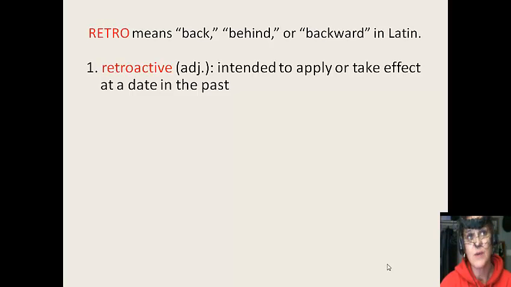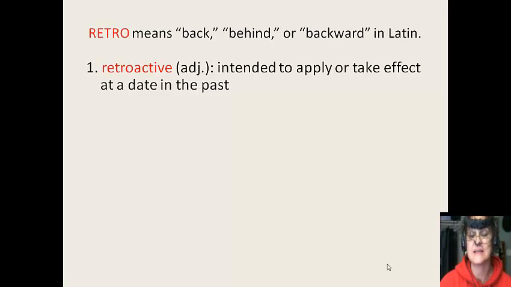So if your boss says to you, you're going to get a pay raise, and it's retroactive to January 1st, and say it's March 30th, that would be 3 months before, right? January, February, March. So that's a good thing, because you're going to get paid for those days retroactively back to January 1st. So you're going to get 3 more months of your raise.